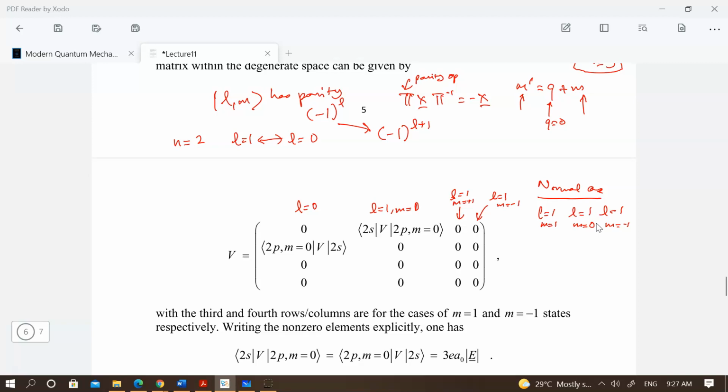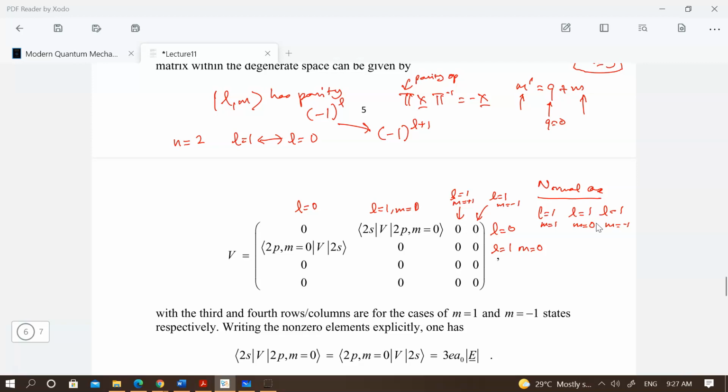All the other matrix elements are going to be 0, apart from the one that connects. So remember, maybe I should write here, n equals 0 here, n equals 1, n equals 0 here. And then the same thing repeats towards the row. This is the column, this is the row.